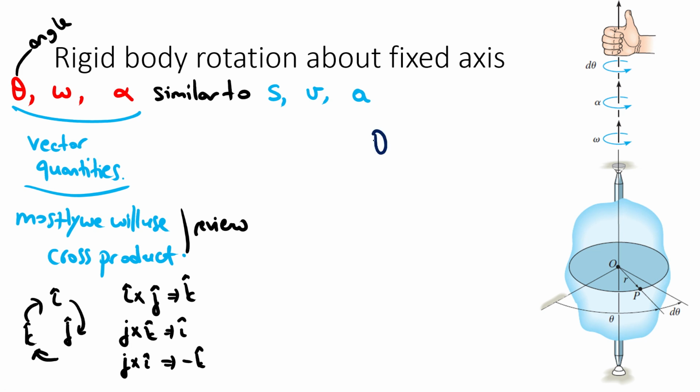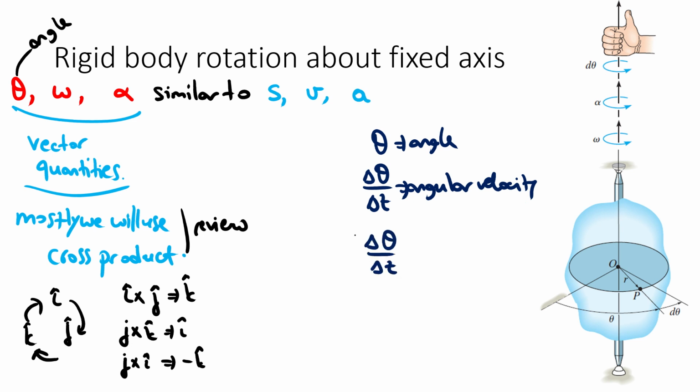You have the angle, and then change of angle with respect to time, that is angular velocity. And then change of that with respect to time again, and this one is the angular acceleration.